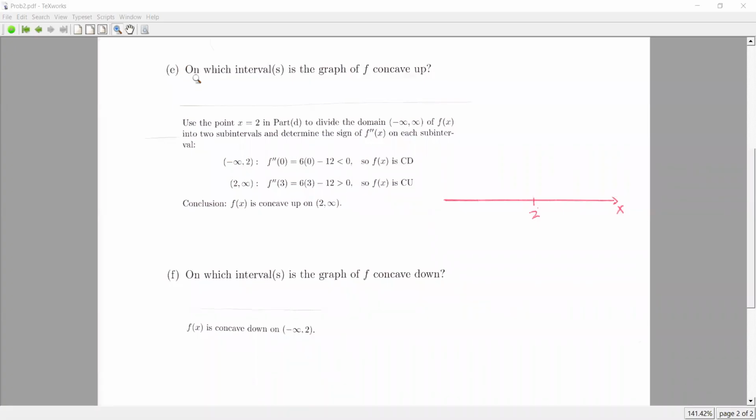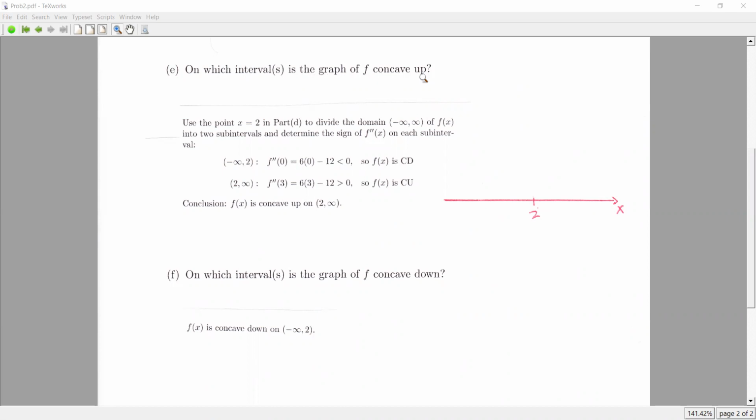Part E, on which intervals is the graph of function f concave up? To answer this question, we need to consider the sign of the second derivative. When the second derivative is greater than 0, the graph of function f is concave up.